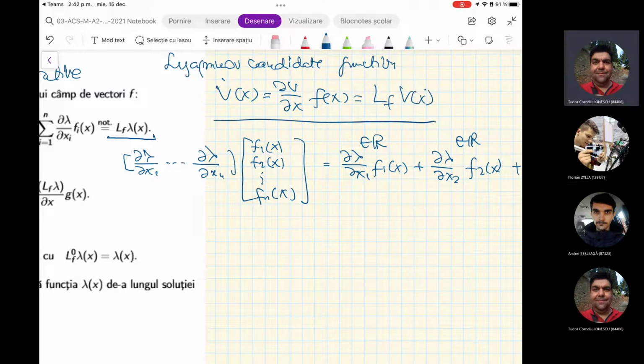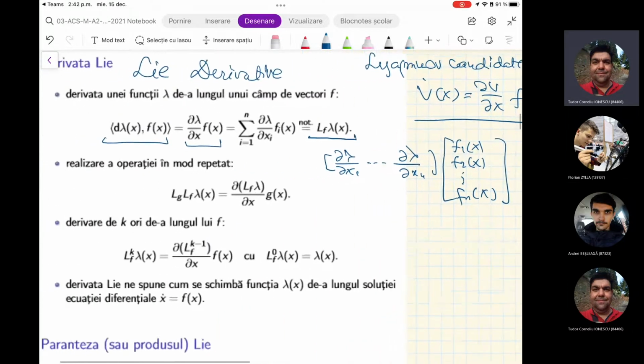You remember this from Lyapunov theory in the previous chapters. Okay, so we also met this notion before.